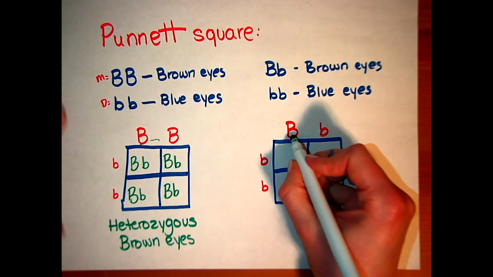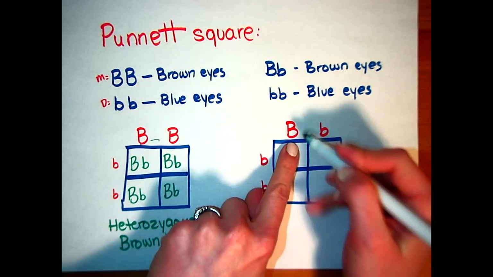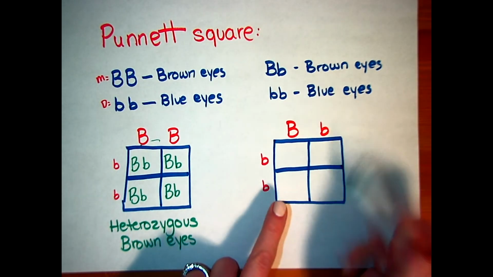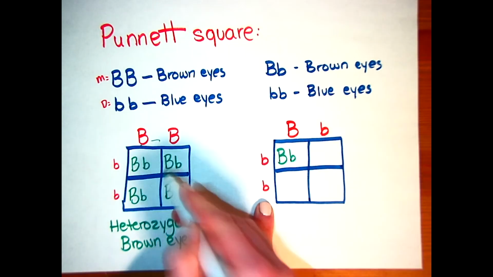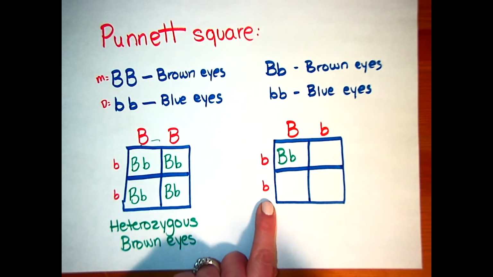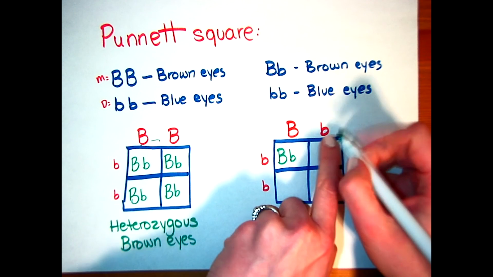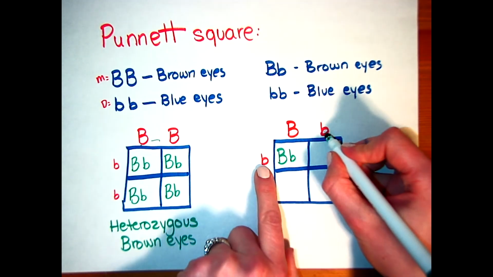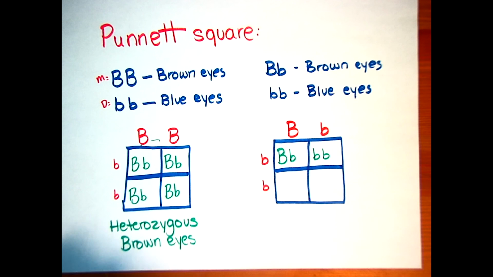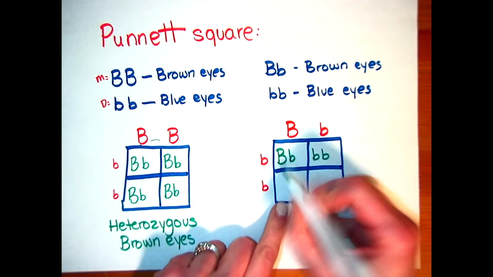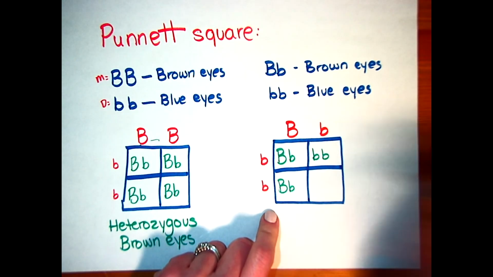This randomly chosen baby could have one capital B and a lowercase b. So same as our baby before, heterozygous. Here, we have a baby that could have two lowercase b's. We'll have capital B, lowercase b, and lowercase b, lowercase b.